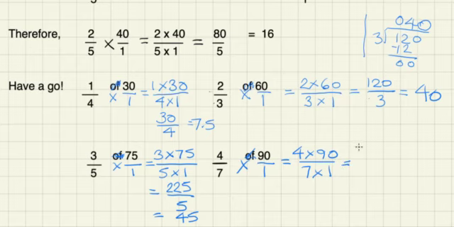So 4 90s are 360. 7 times 1 is 7. And then when you do the calculation, like with the bus stop method or whatever, off to one side, you eventually find that this is 51.43, rounding up. So hopefully you got all of those right.